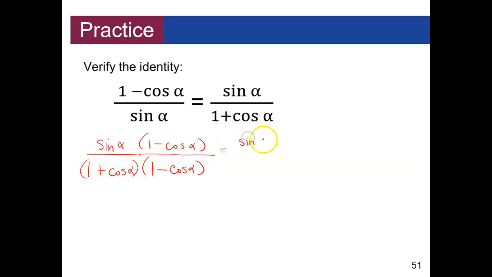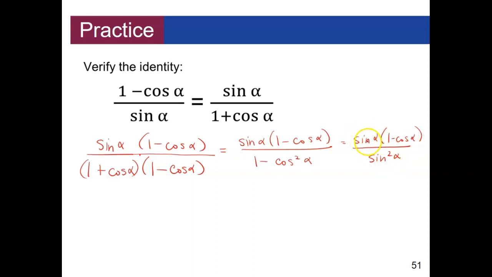So we'll have sine alpha times 1 minus cosine alpha over 1 minus cosine squared. And hopefully you recognize that to be sine squared. Here, these are going to cancel.